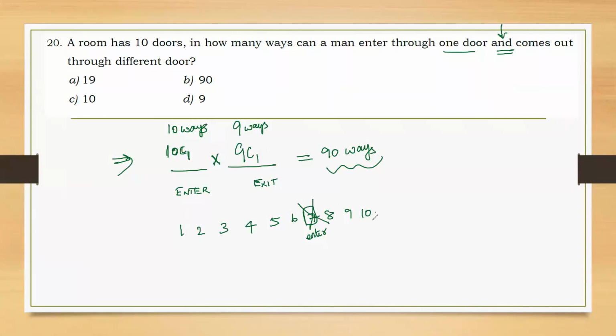Remaining, we have 9 doors, right? Out of 9, any one must be my exit. So 9C1, so 9 ways. If you multiply, you will get a total of 90 ways. Is it clear? Okay, done.